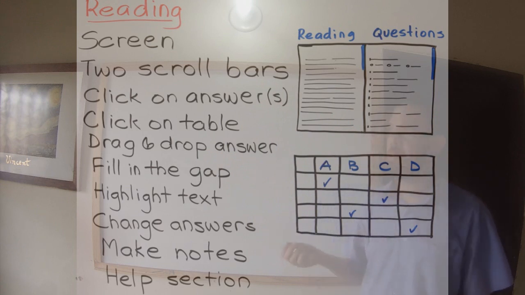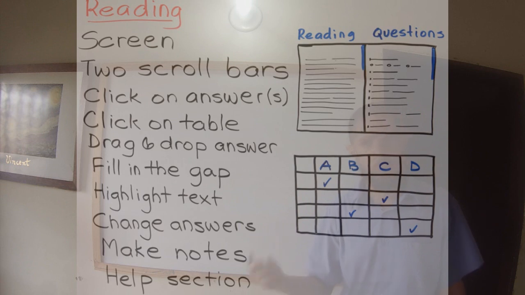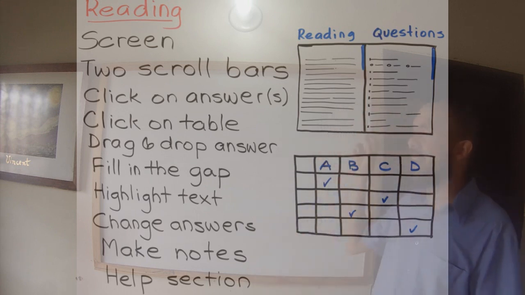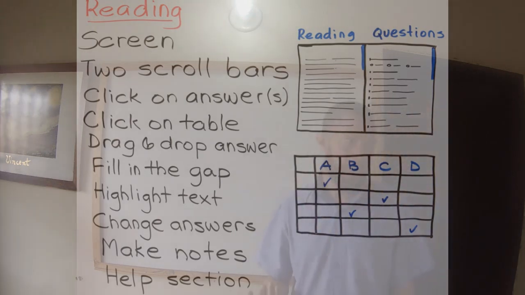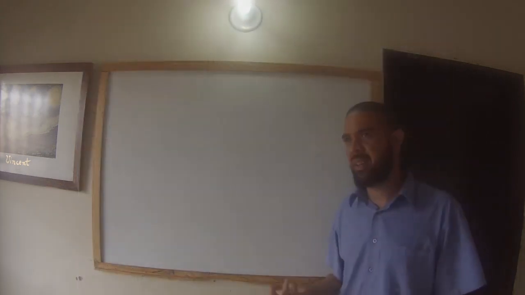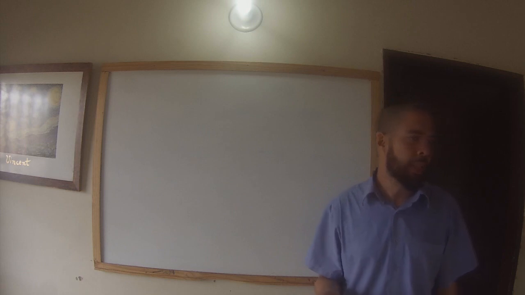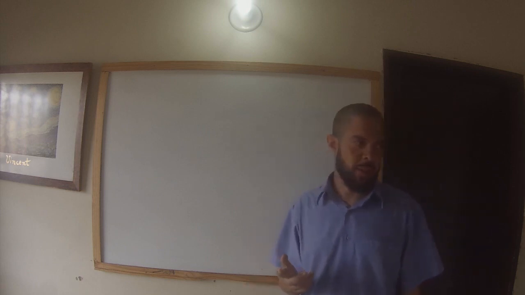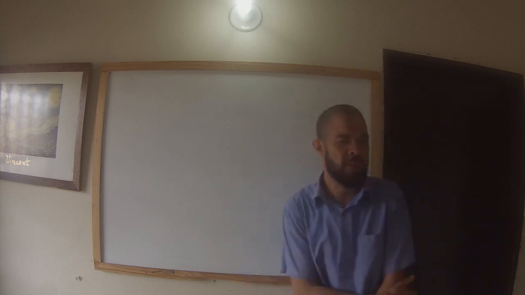What else? You have to fill the gap. There are many things that you have to do to achieve the answer. So you can highlight the text. It's a good thing. You can highlight and you can unhighlight it, right? You can change answers.